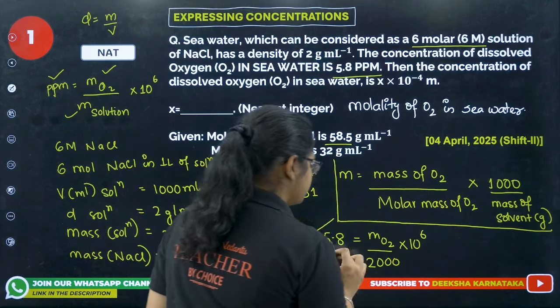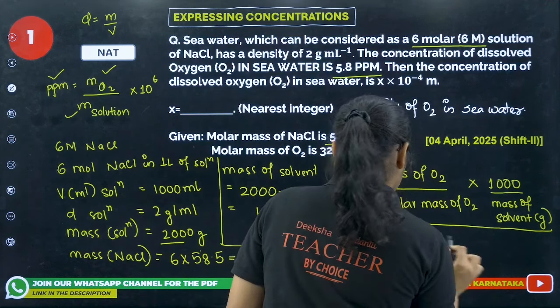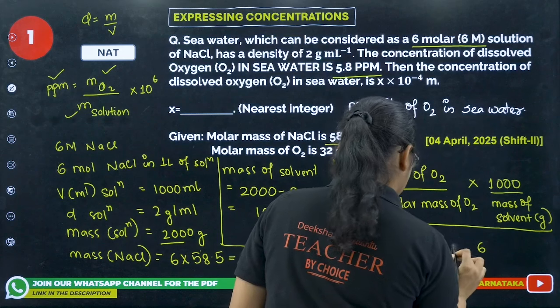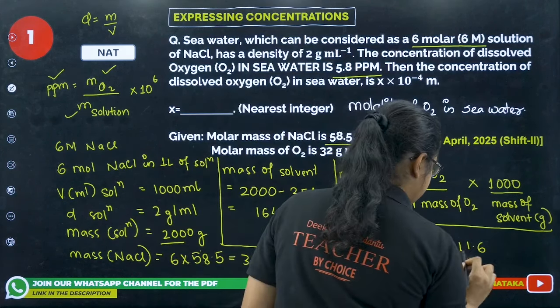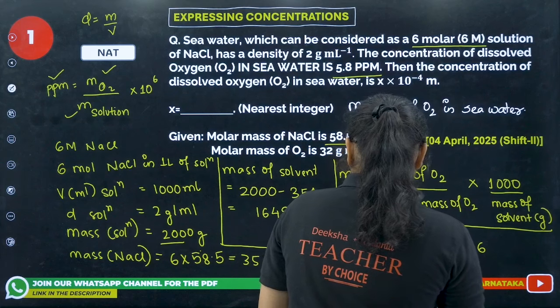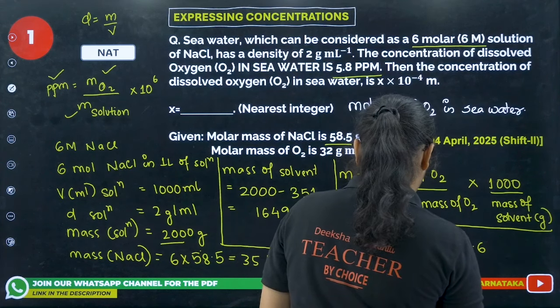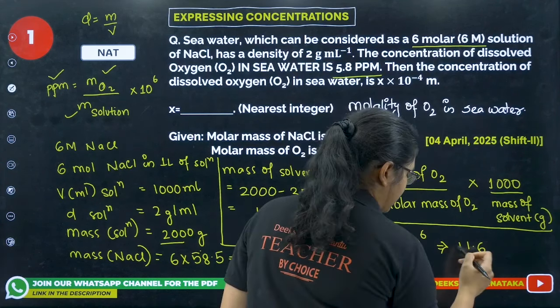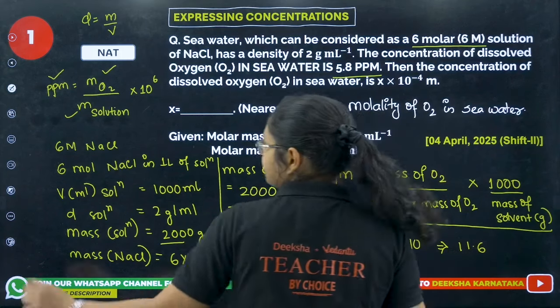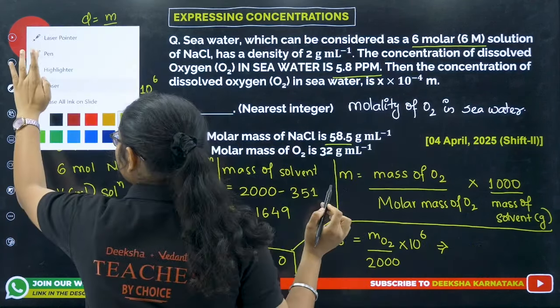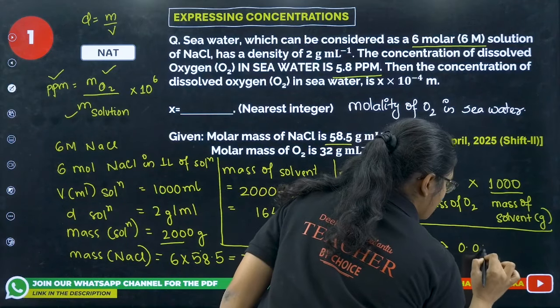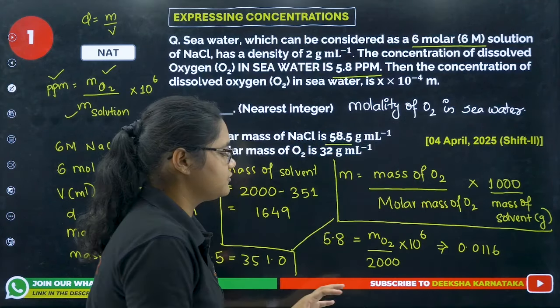So I have 2 8s are 16, 2 5s are 10 plus 1, 11, that is 11.6. Then I have 11.6 into 10 to the power of minus 3, so that becomes 0.0116. That is the mass of oxygen.